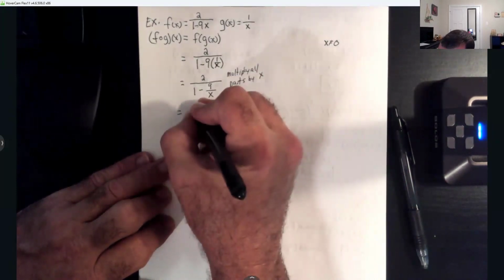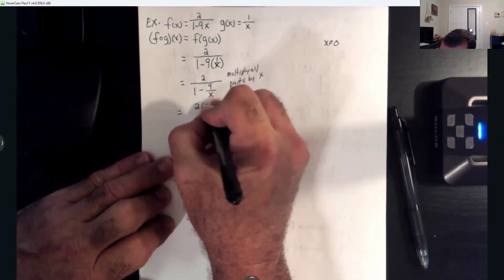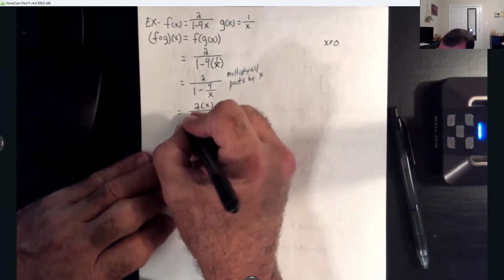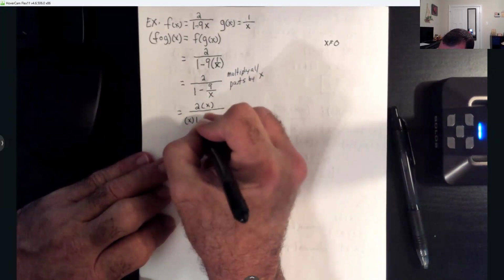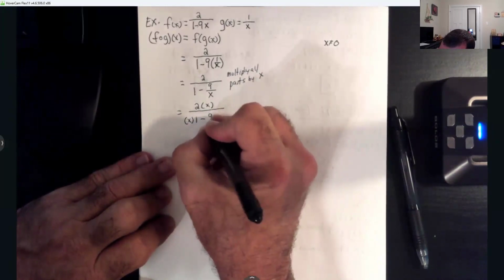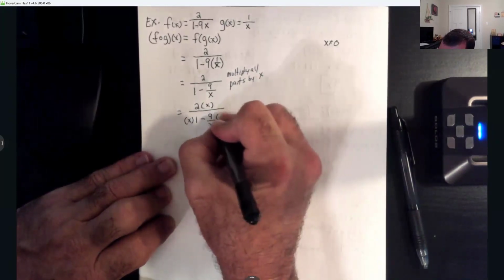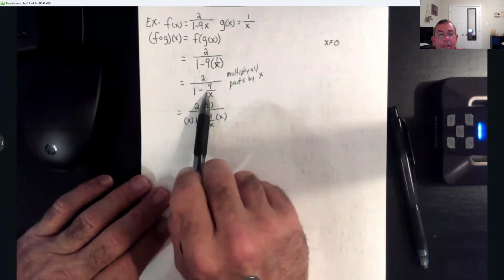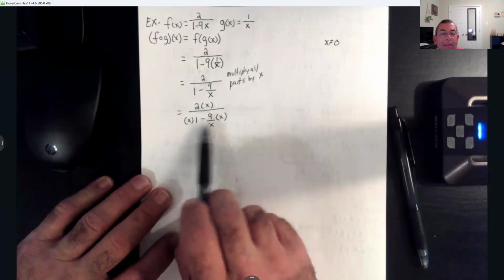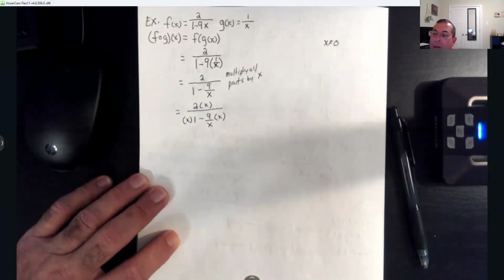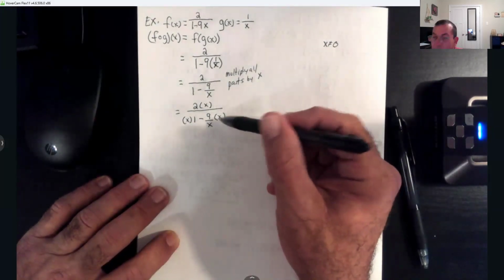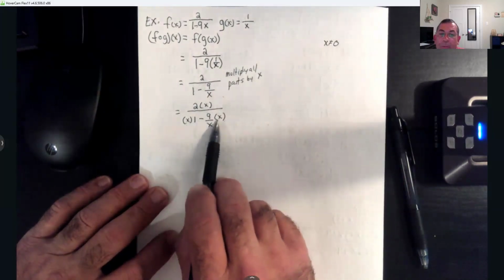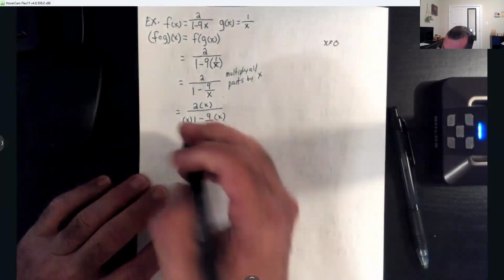So y'all, I would come over here and multiply 2 times x on the top. I would multiply the 1 times x on the bottom. And then I would multiply the 9 divided by x. So every single part of this has to get multiplied by the x. Because remember, in a fraction, what you do to the bottom, you got to do to the top. And then when you multiply, it distributes over, okay?